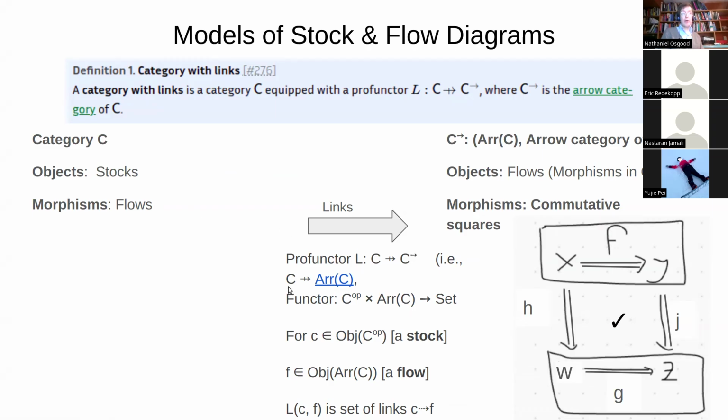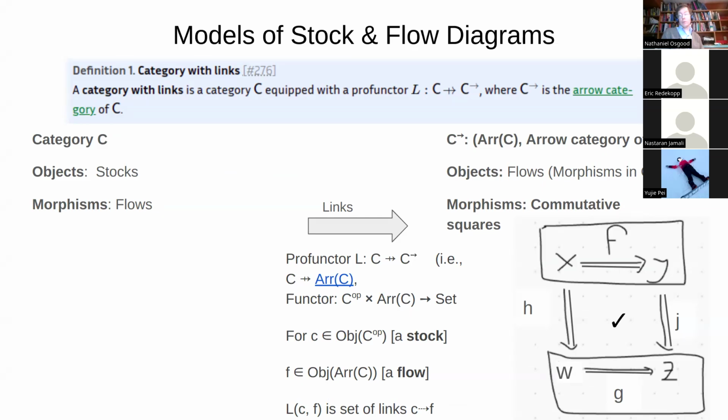So precomposition will be in C. If we have a bridge from C to arrow of C, a heteromorphism, a particular link, we could pre-compose it with a flow in C, that's over in C land, or we can post-compose it with a morphism in arrow of C, which is one of these commuting squares.